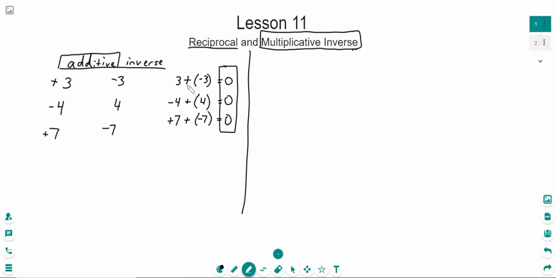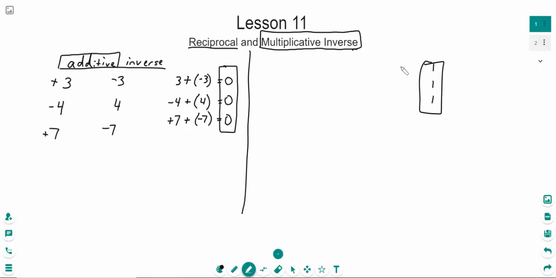That's the goal. In multiplication, it's actually nice not to get to a 0, but to get to a 1. So we're going to try to get to 1s when we're dealing with the multiplicative inverse. In the additive inverse, we're trying to get to a 0. In the multiplicative inverse, we're trying to get to a 1.